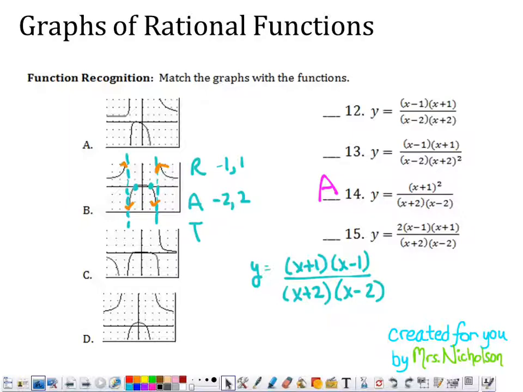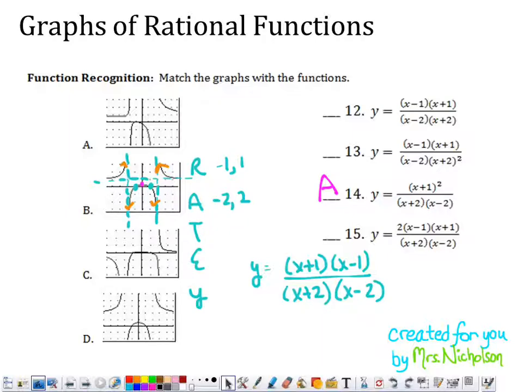We can double check in behavior and the y-intercept. It looks like my horizontal asymptote is at 1, which means that my exponents should be the same in the numerator and the denominator, and they are in fact the same. And my y-intercept, it looks like it's a positive fraction. Let me mark that here, somewhere between 0 and 1.